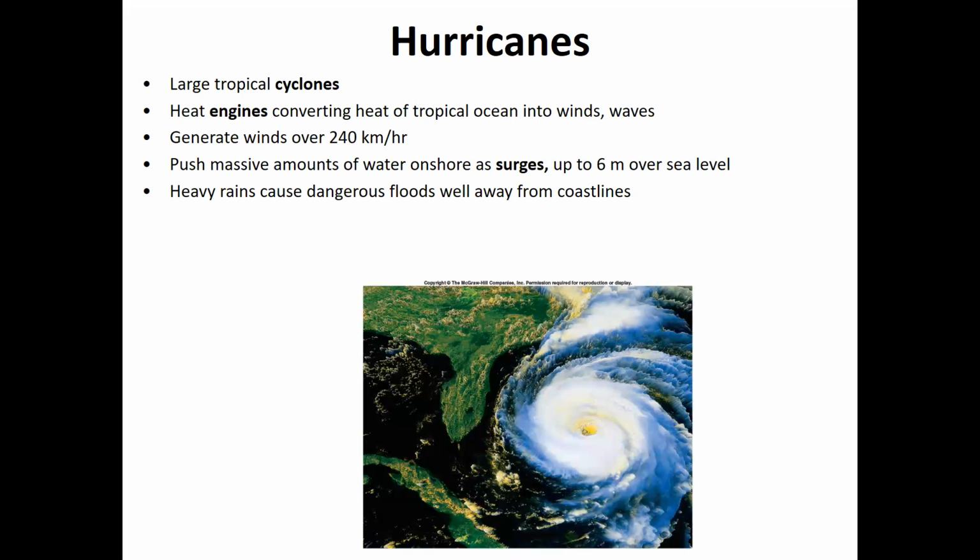So a hurricane is a large tropical cyclone. Unlike the cyclones that we have discussed when talking about severe weather, hurricanes form within one large air mass and not along a front.